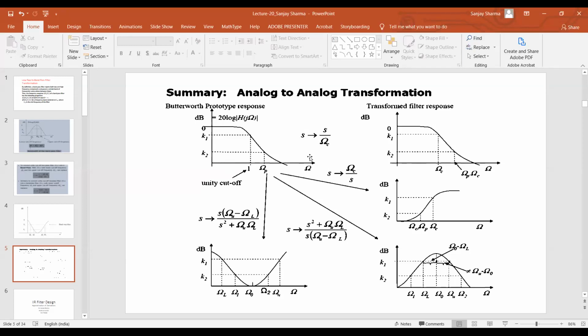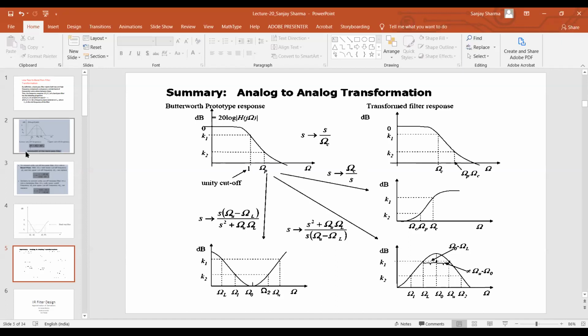If you replace S with S square plus omega U omega L, divided by S into omega U minus omega L, you will get a band pass filter. And using this transformation, you will get a band stop. So this slide gives us the summary of the transformations that can be applied to get the resultant transfer function for different types of filters.